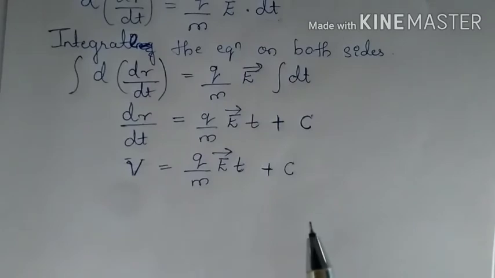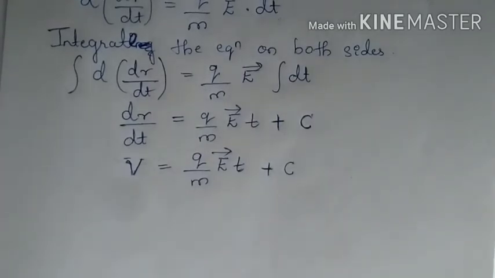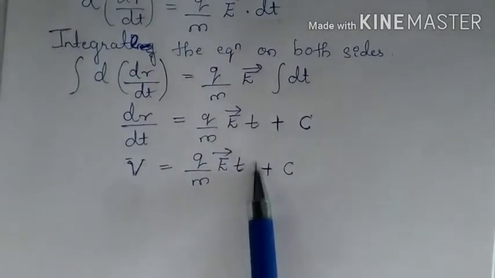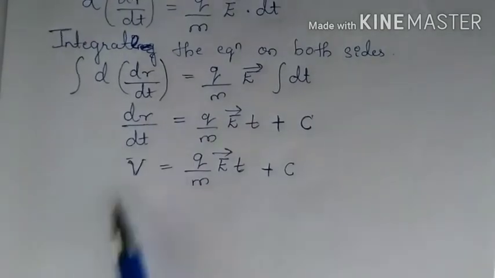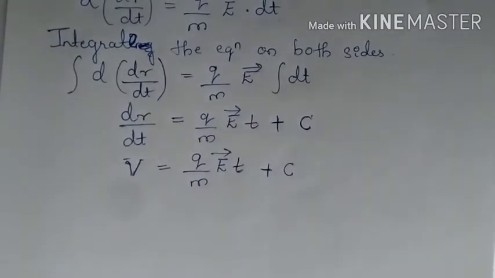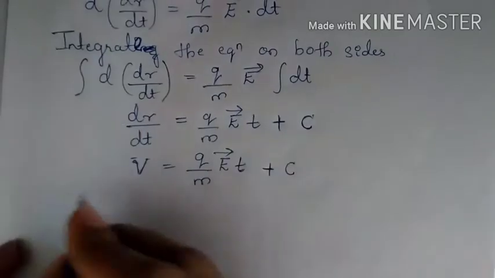Now let us assume that at time t equals 0, the velocity of the particle is equal to u. So u gives what? The initial velocity of the particle.